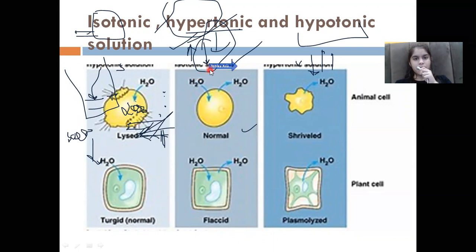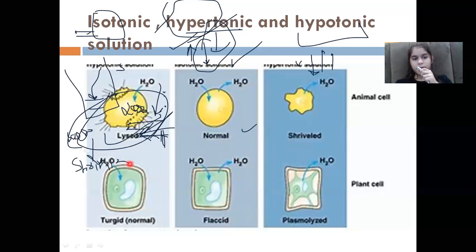ओके, अब जब मेरा हाइपोटोनिक सॉल्यूशन है, बिकॉज यहाँ पे वाटर लेस है, the cell will shrink. ठीक है, सेल जो है मेरा वो श्रिंक हो जाएगा. Okay, the cell will shrink because there is less water.